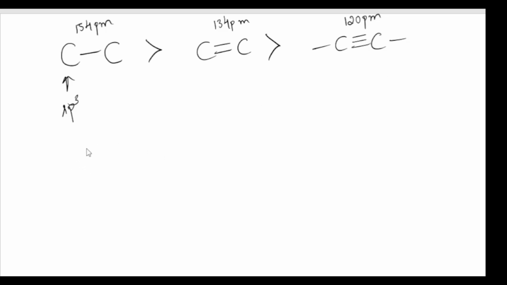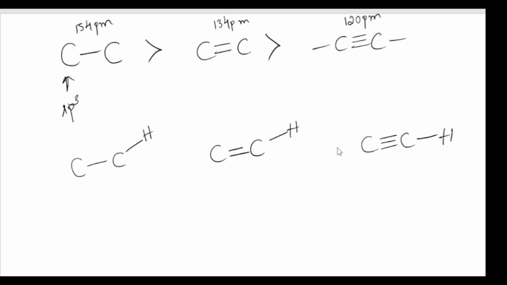Now we talked about carbon and carbon. Suppose hydrogen is attached to a carbon atom that is sp3 hybridized. I will not write the full valency of carbon, just for simple understanding I will draw structures like this.